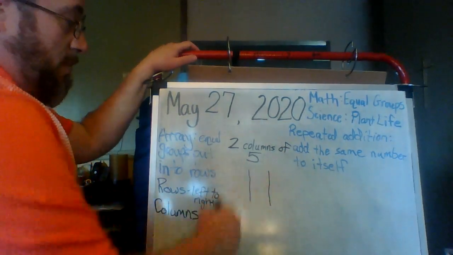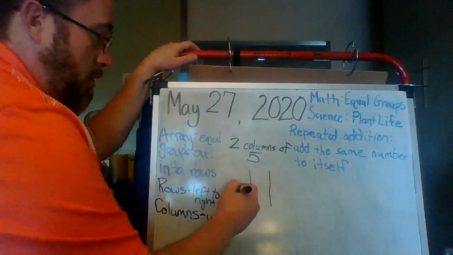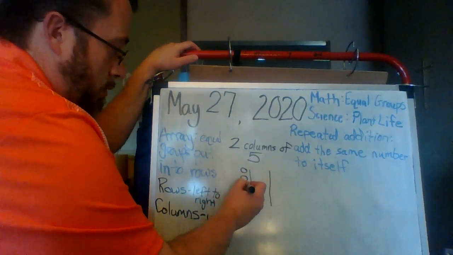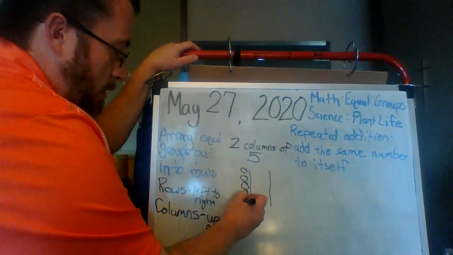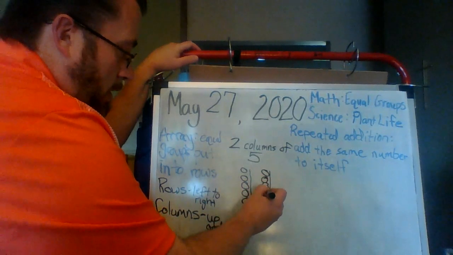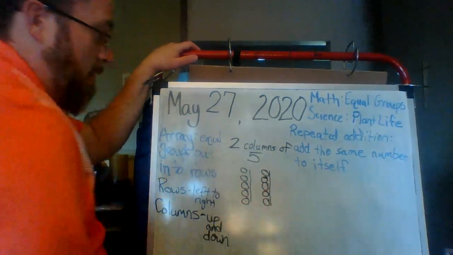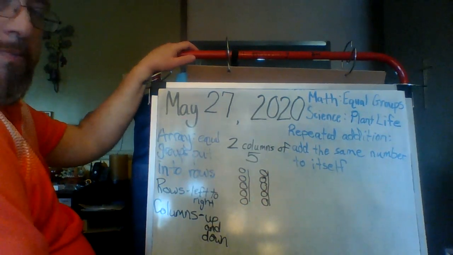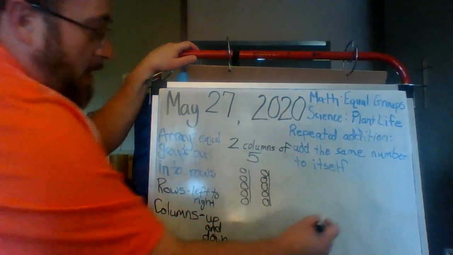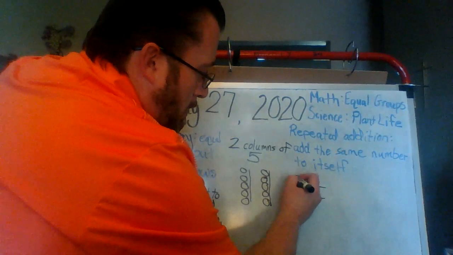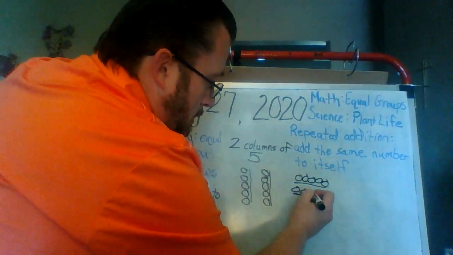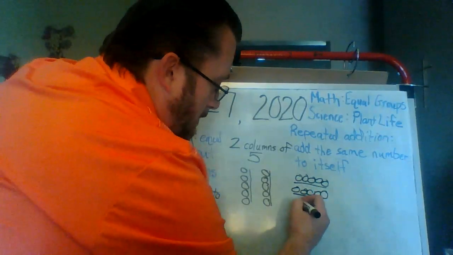I'm still going to put 5 next to each line. 1, 2, 3, 4, 5. 1, 2, 3, 4, 5. 2 columns of 5. 2 rows of 5.